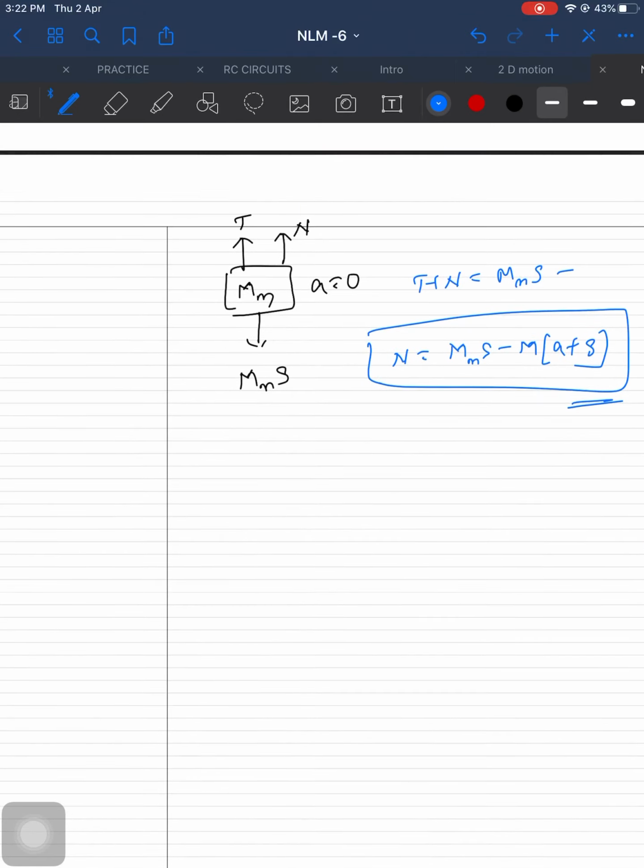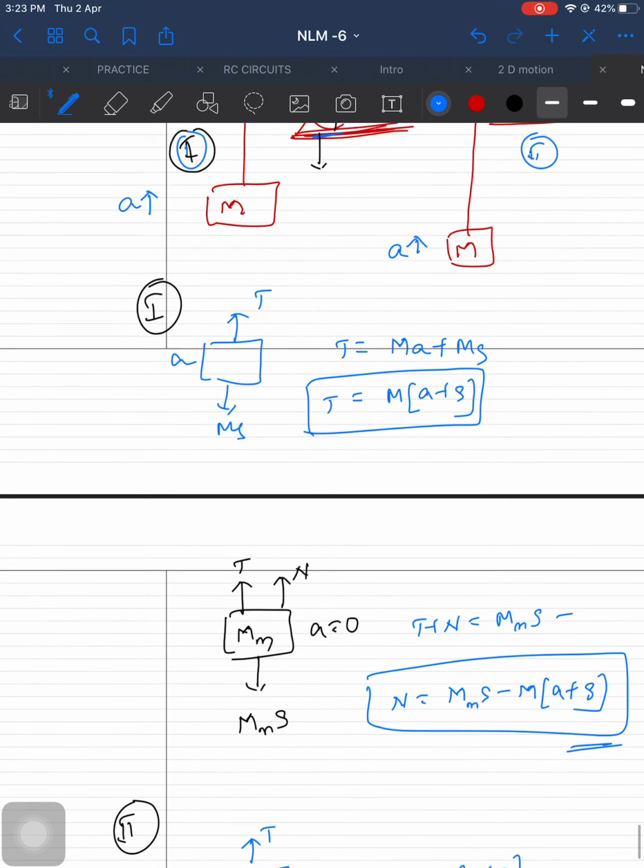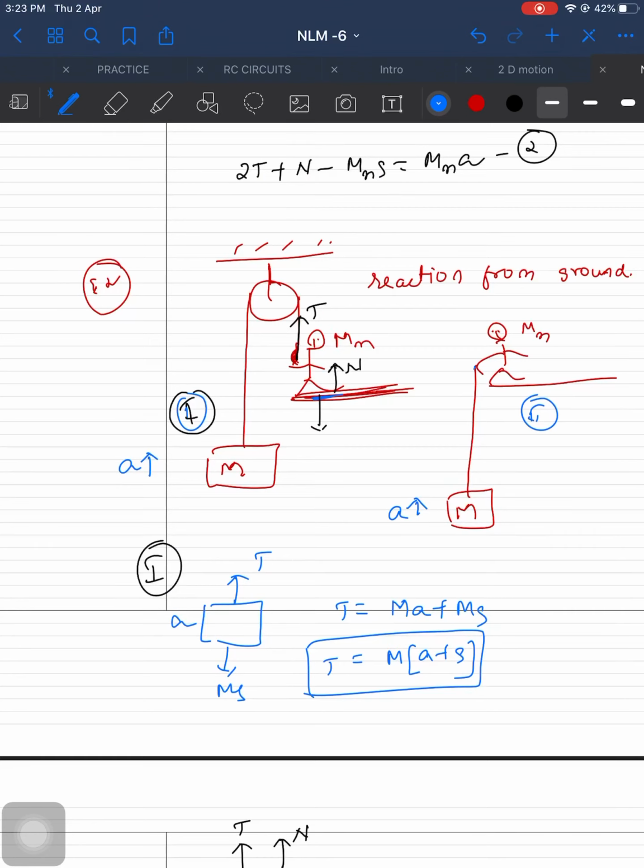Let's see the second case. The block also has tension T, mass is Mg, and it's moving upward with a. T is equal to M into (a plus g). And if you see the free body diagram of the man, how the man is holding the rope is very important.